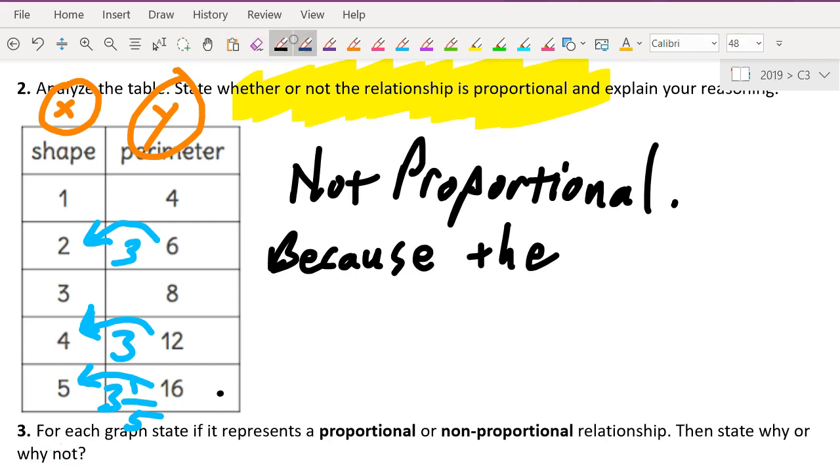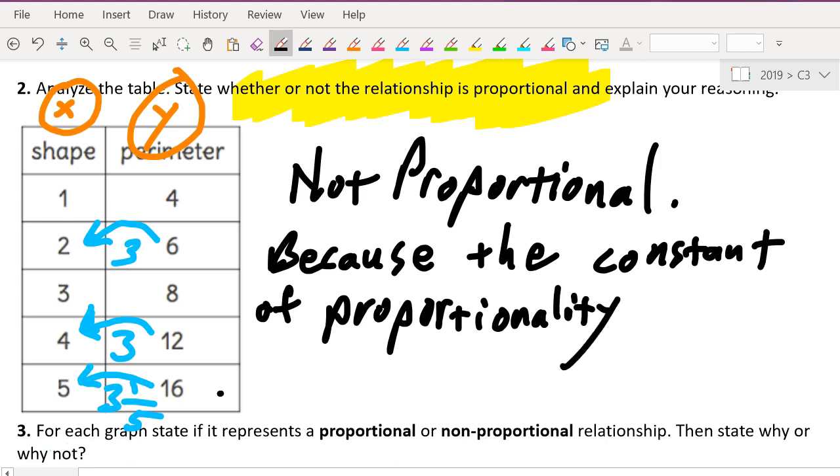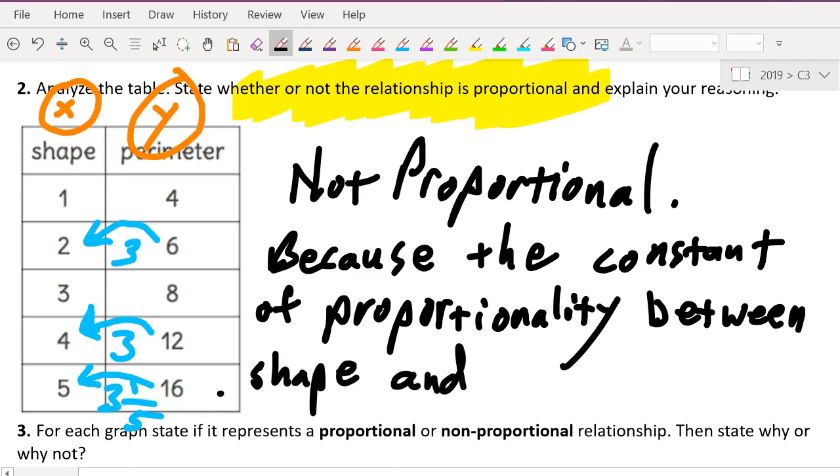Because the constant of proportionality does not stay the same. Did you all write that? Proportionality between shape and perimeter does not stay the same.